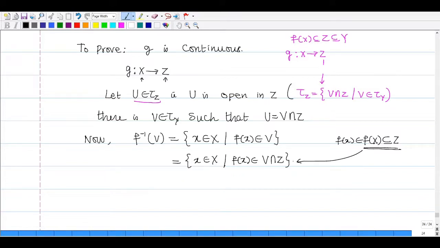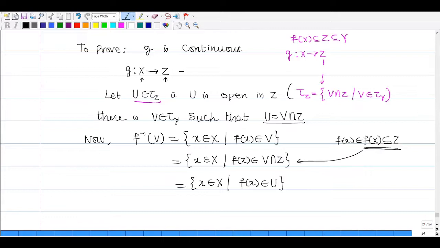கரெக்ட்டா? அப்போ இது யாரு? V intersection Z ங்கிறது யாரு? U. கரெக்ட்டா? So this is set of all x belongs to capital X such that f of x belongs to U. Okay, ஆனா இந்த f of x தான் நான் இப்படி டிஃபைன் பண்ணிருக்கேன்.